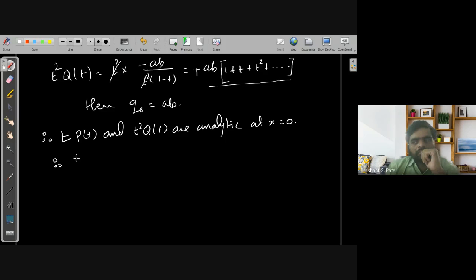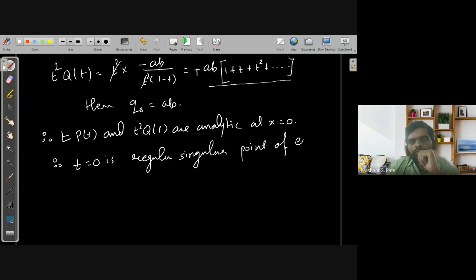Therefore, t equal to 0 is the regular singular point of the ODE, of this differential equation.